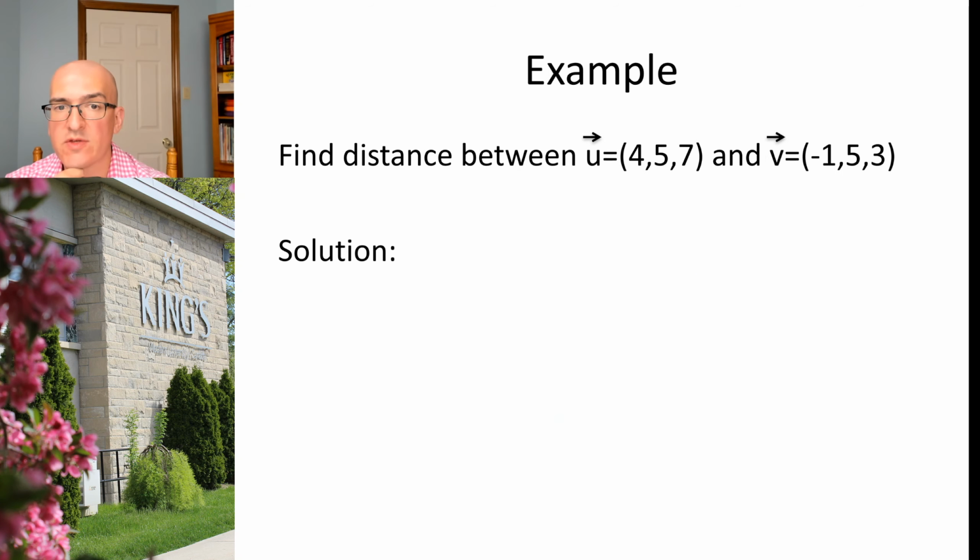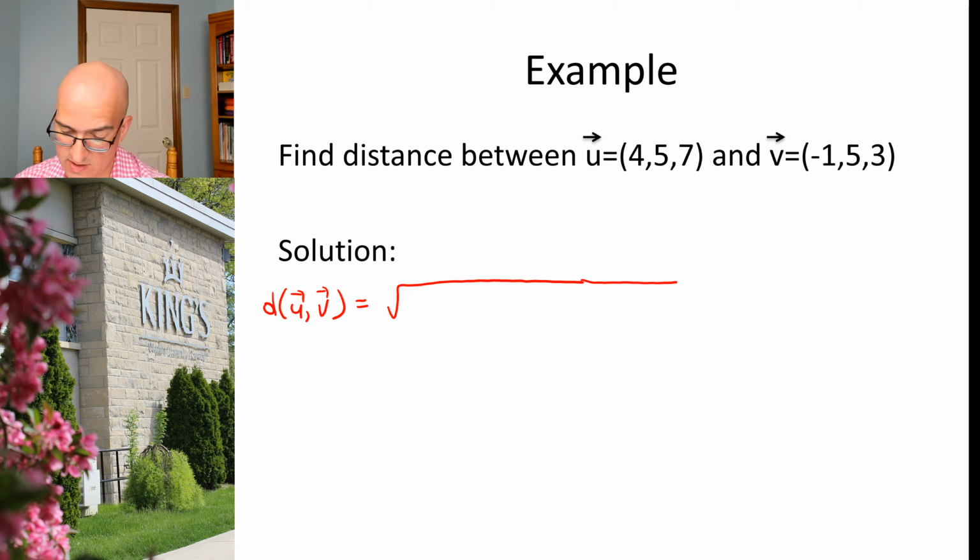Okay, another one, this time in 3D. We want to find the distance between this vector u, (4, 5, 7), and the vector v, (-1, 5, 3). So the distance between u and v. This time I'm going to do the other order of subtraction just to show you it's arbitrary, for this particular formula at least.